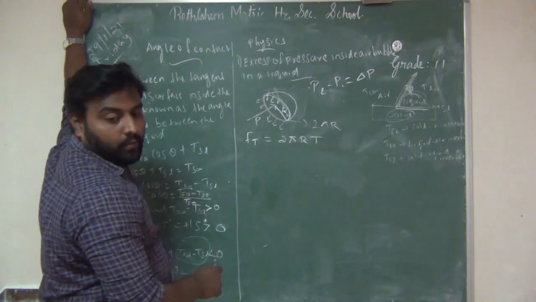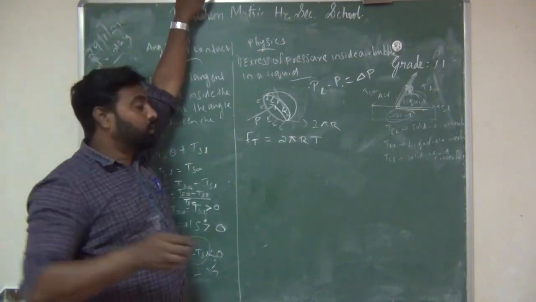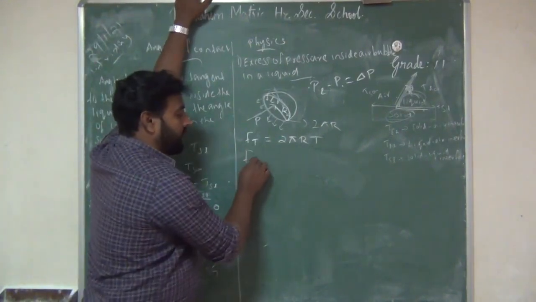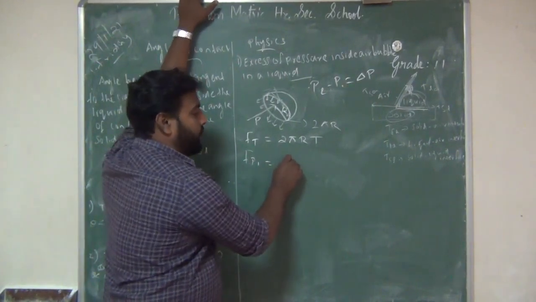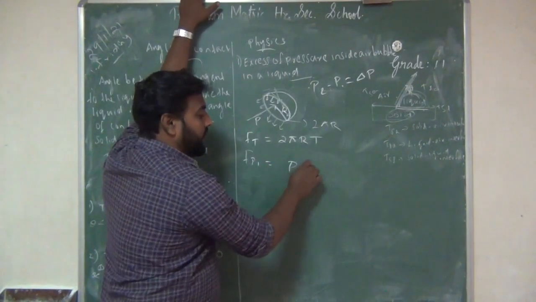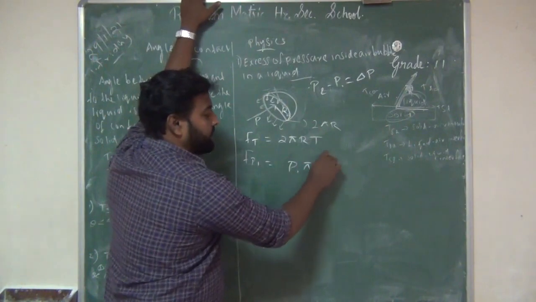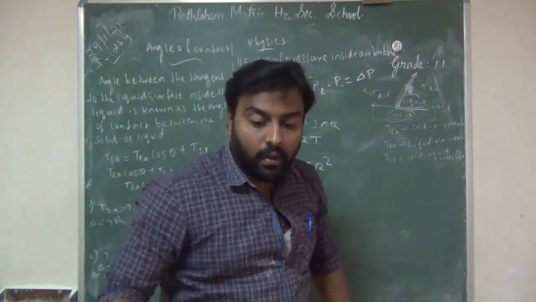And the force due to the outside pressure P1 we can write as P1 into pi r square.